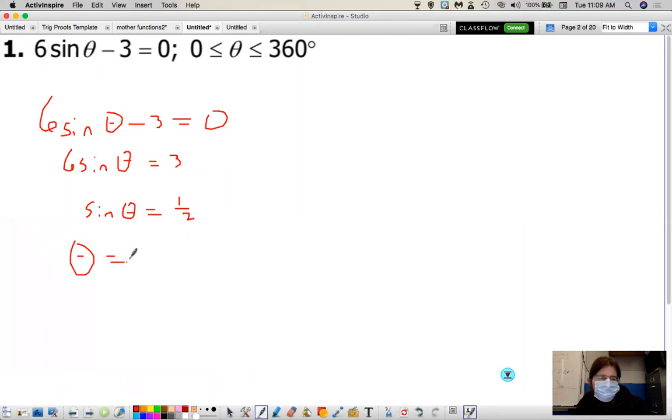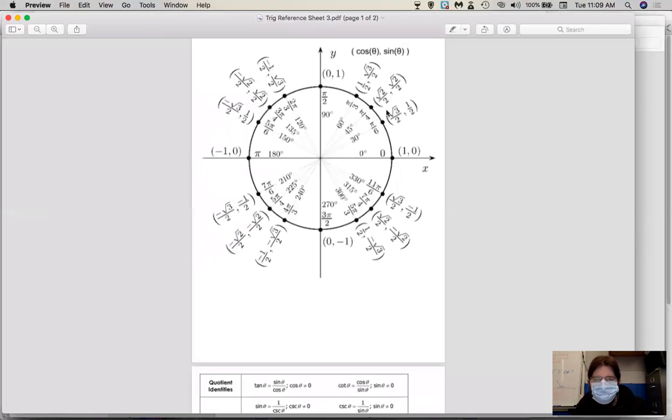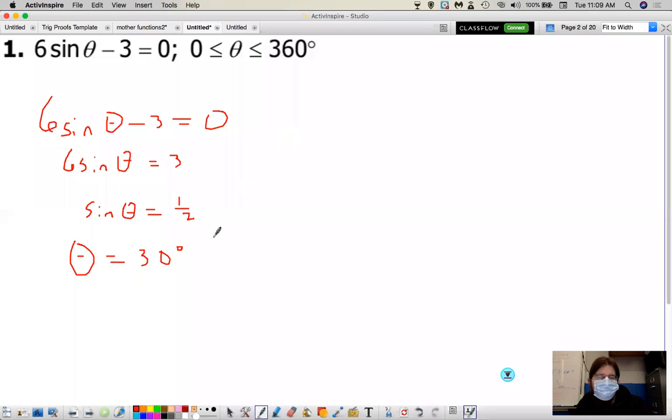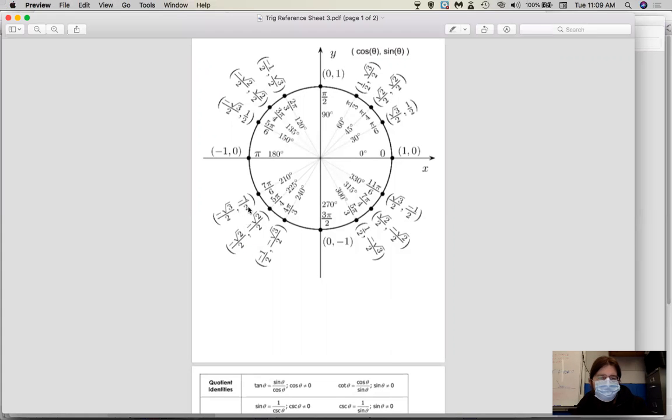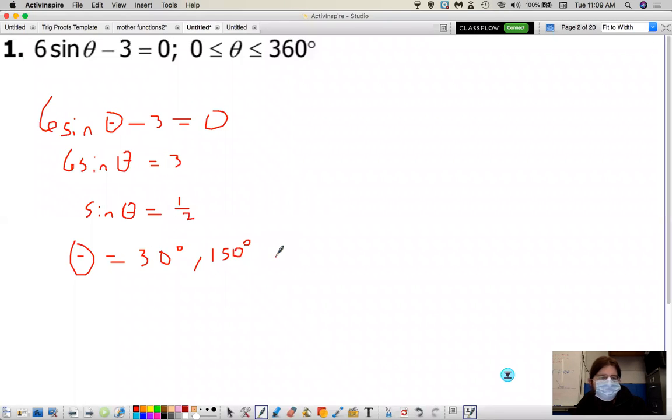Theta is 30. Let's keep looking. Here, sine is also a half at 150. Let's keep looking. Here it's negative a half, so that's not it, and negative a half there, not it. So we've got two possibilities here.